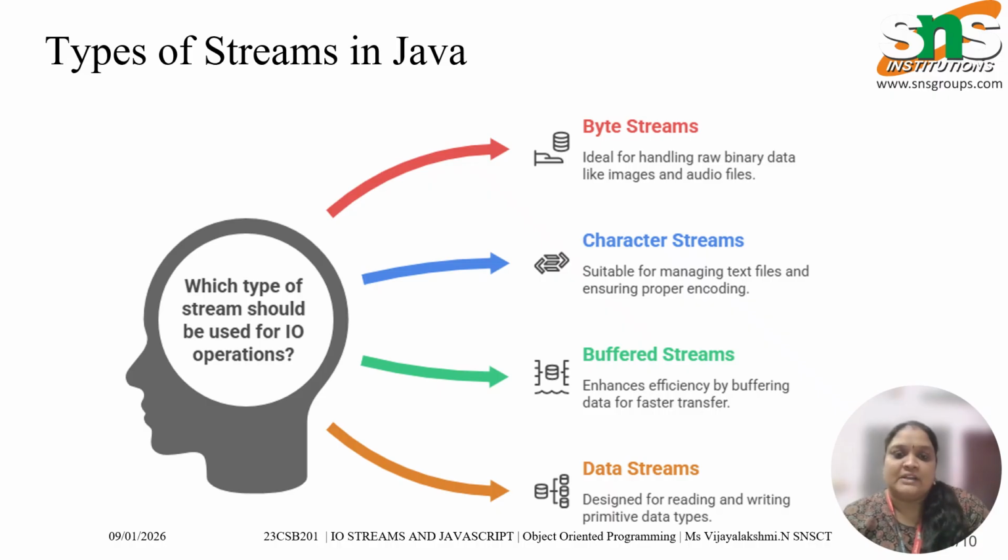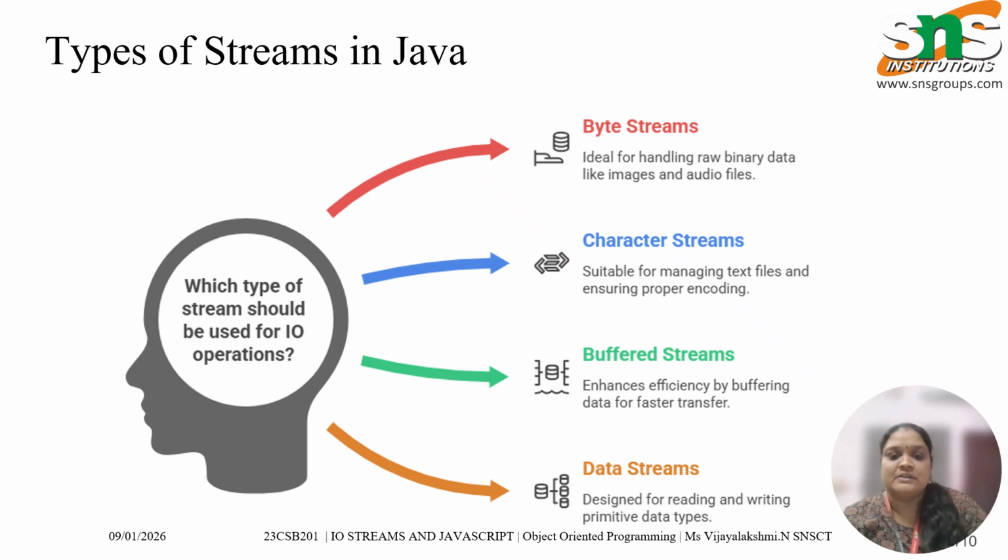And the next one is character stream, which is suitable for managing text files and ensuring proper encoding and decoding. The next one is buffered streams. Buffered streams enhance efficiency by buffering data for faster transfer.